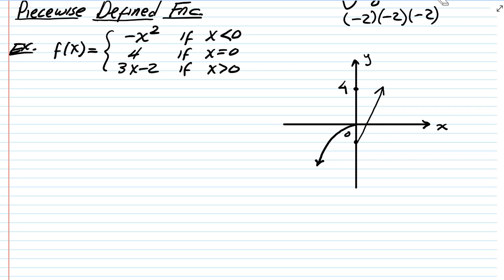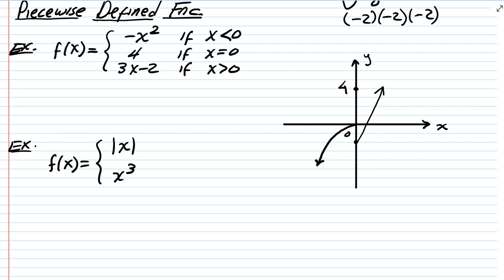Let's try another one. Let's do another piecewise function. Let's do one for two different kinds of functions. Suppose, let me make one up. Let's say this time, I'm going to make it fancier. F of x, we're going to go absolute value of x on one, and we're going to go x cubed for the other.